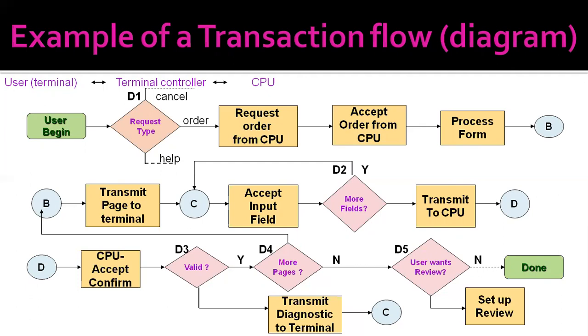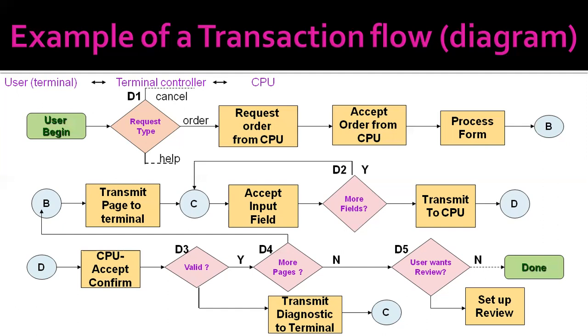So as of now, let us see one small example of a transaction flow graph from our prescribed textbook. Before discussing this particular flow graph, we have to understand three important things related to it.